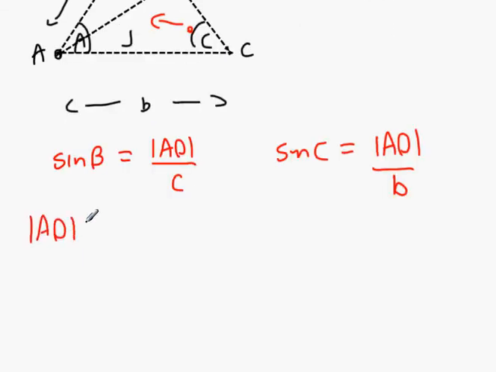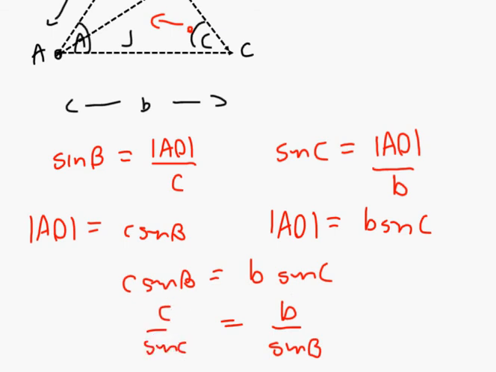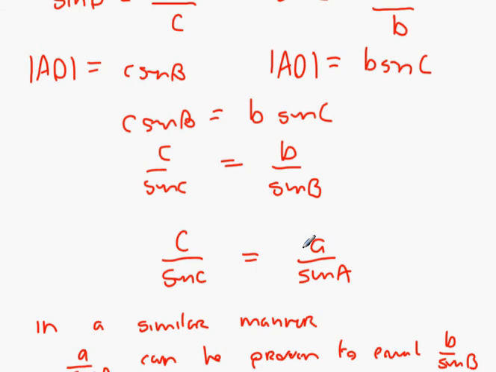AD equals c sine B, and AD equals b sine C, and you can see likewise c sine B equals b sine C, and therefore it's going to be b over sine B equals c over sine C, and what we already had earlier was that, didn't we? And then you can say hence equals a over sine A. So that's your sine rule proved.